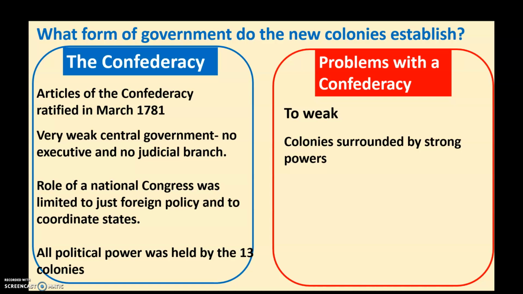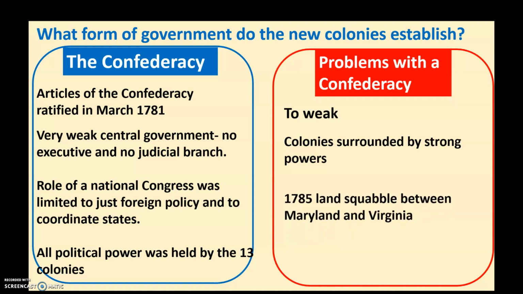And these concerns and fears came to a head in 1785 when there was a squabble between the colony of Maryland and Virginia. Basically it wasn't really resolved, and it escalated, and I think there was a realisation that perhaps we need to have a look at another way of running our new country, if you like.